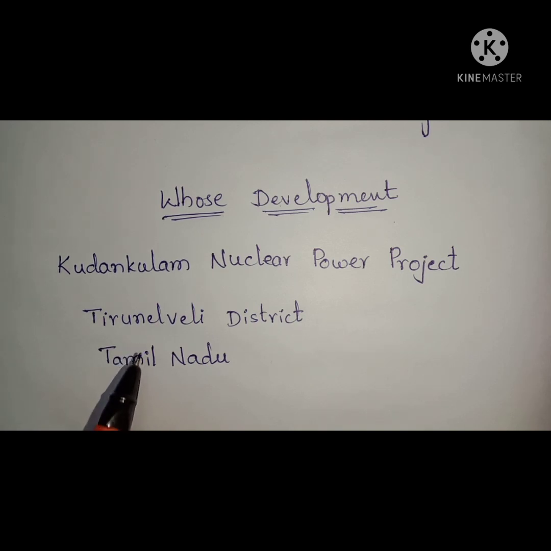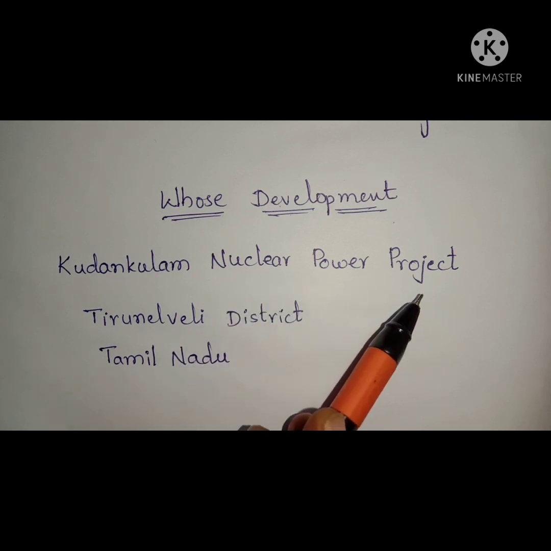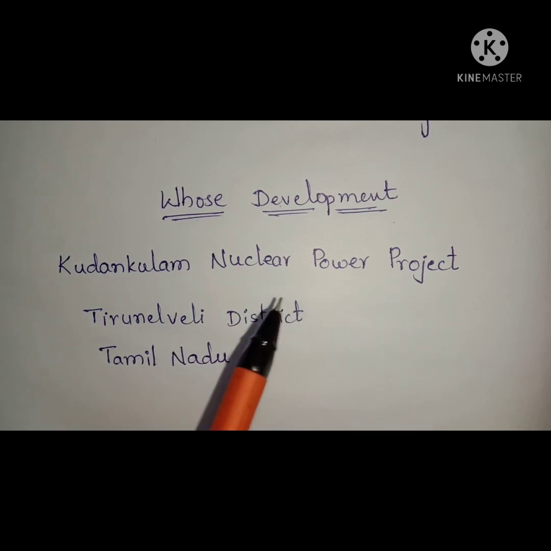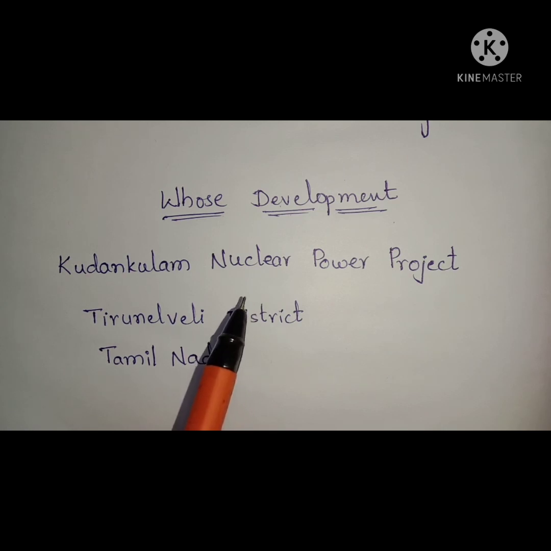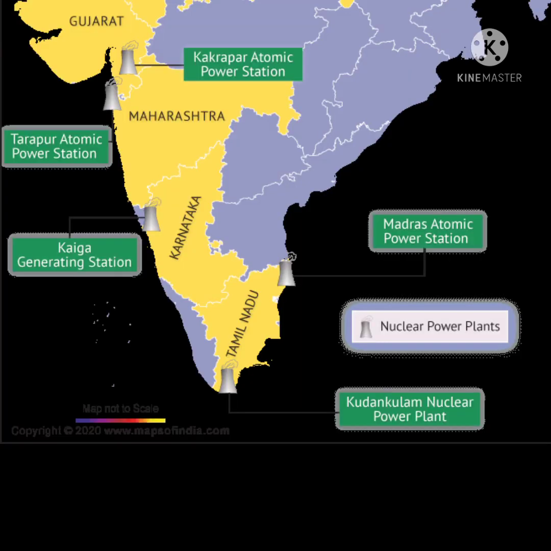So the central government took a stand and said it is ready with all the safety measures, and every safety is assured in the Kudankulam nuclear power project. The Supreme Court also ordered the safety measures to be checked thoroughly and gave the green signal. Now the central government is moving ahead with the project.